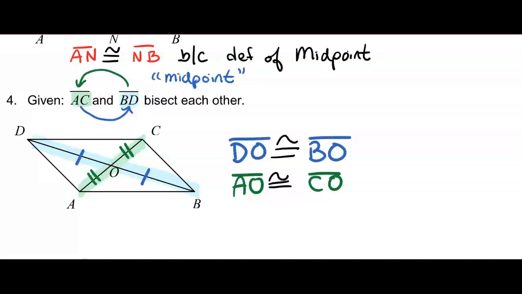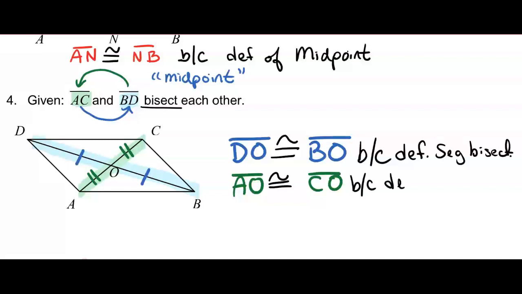The reasons won't always be definitions. Sometimes they're properties, sometimes they're theorems or postulates. Right now, we're starting with these 4 basic definitions, okay? And for now, we're going to list the definition each time. So because this is a segment bisector instead of midpoint, we're going to say definition of segment bisector. You can just say segment bisect for short.